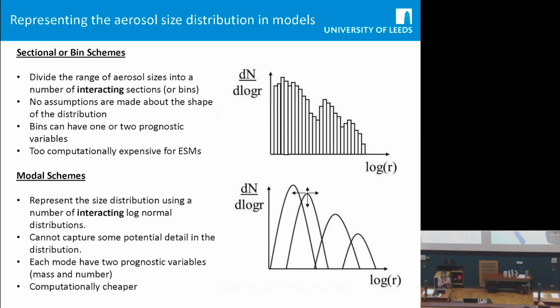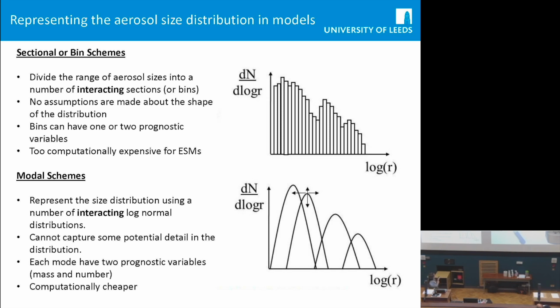So most Earth system models around the world will mostly be using modal schemes. As I say, GLOMAP-mode in UKCA is one of these. It represents the size distribution using what we call modes, represented in this lower panel.